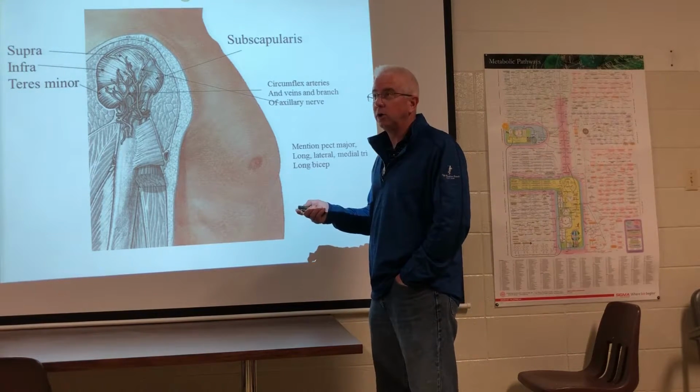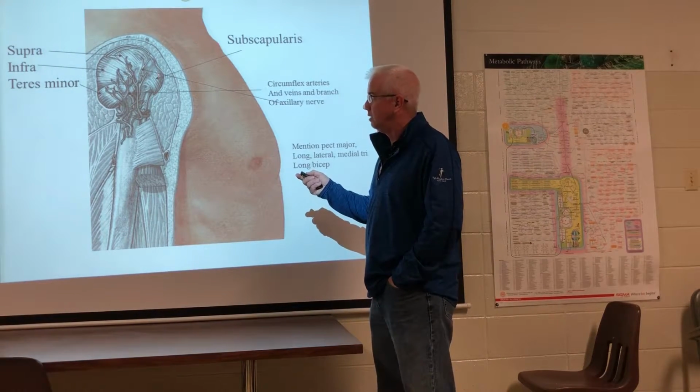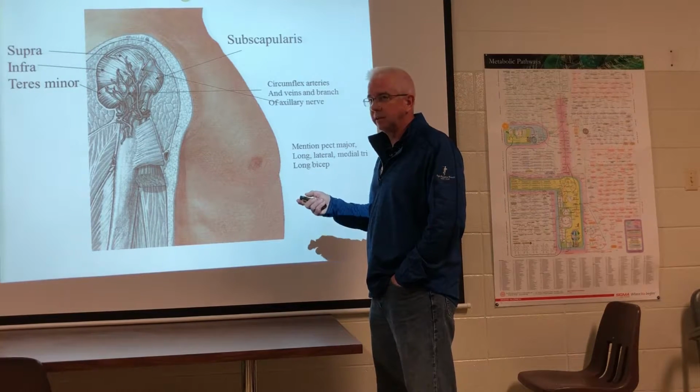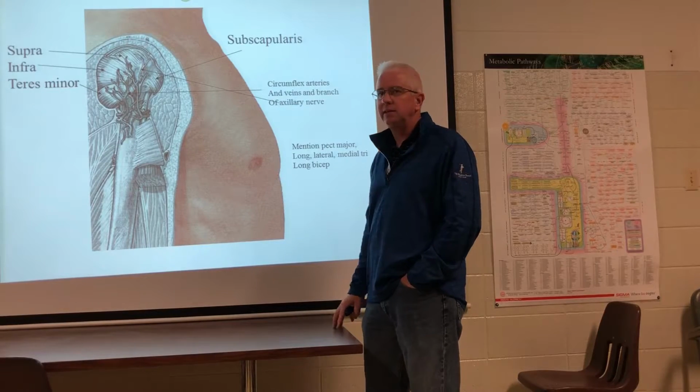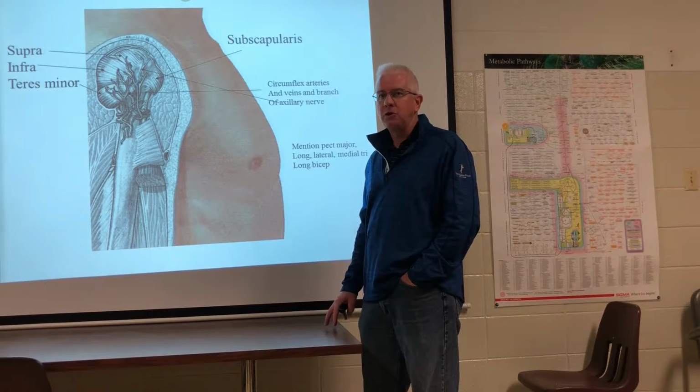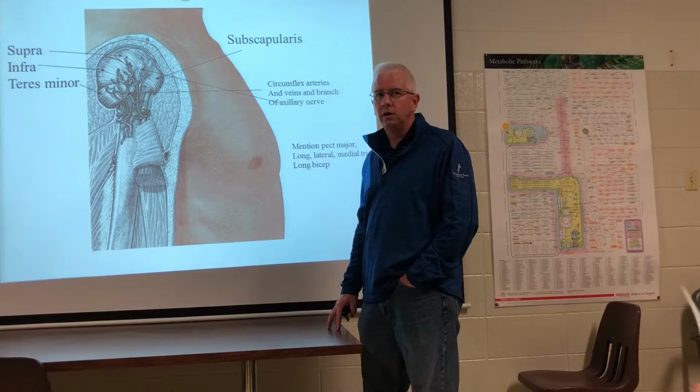Now, if I take the deltoid off of the arm, the next thing that jumps out at you, the very obvious piece here, is a fused tendinous support to the shoulder.